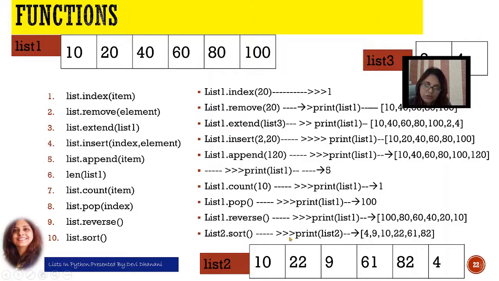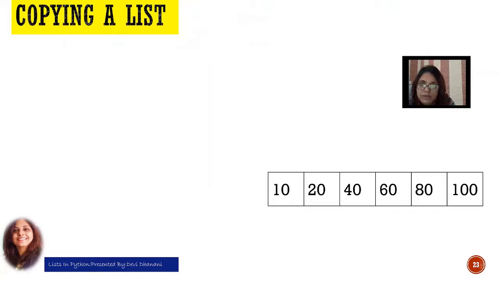I have used the sort function, and if I wish to print it, you would see that the list will now have the items arranged in sorted order. It definitely creates a new list over there. So these were some of the built-in functions.